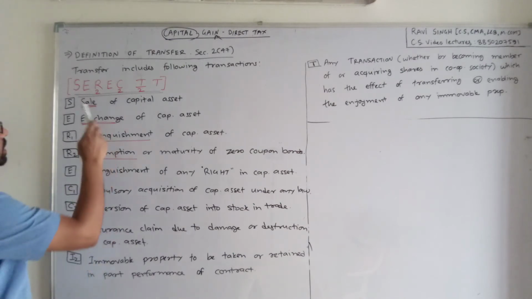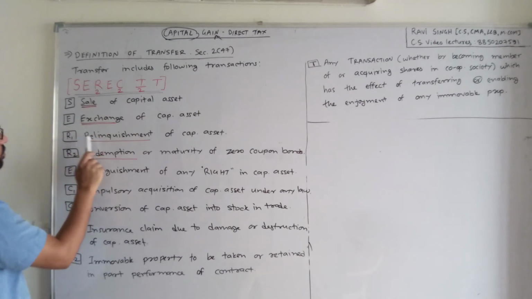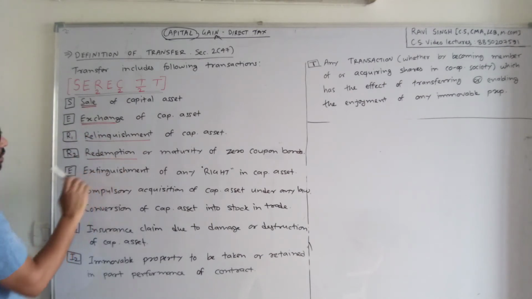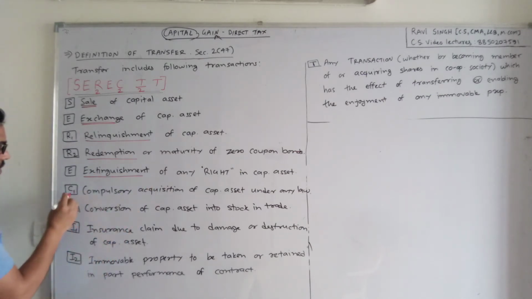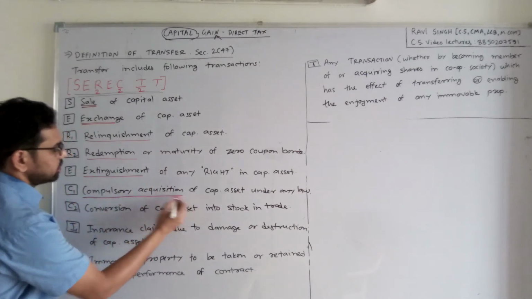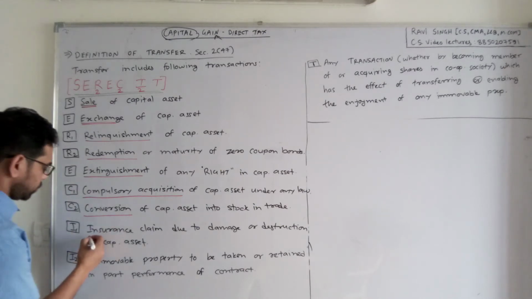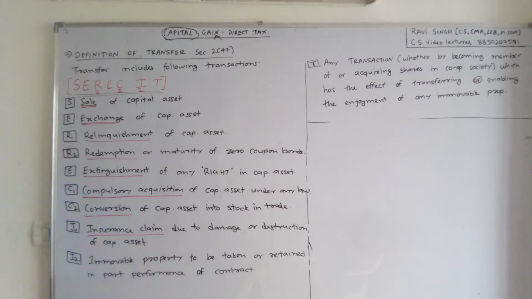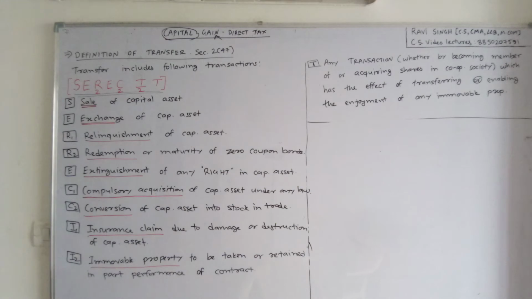फिलहाल आपको इतना याद रखना है, ट्रांसफ़र इंक्लूड्स सर्किट, C for sale... S for sale, E for exchange, R for relinquishment, R2 for redemption, E for extinguishment of any right in capital asset, C1 compulsory acquisition of capital asset under any law, C2 conversion of capital asset into stock in trade, I1 insurance claim due to damage or destruction of capital asset, I2 immovable property to be taken or retained in part performance of the contract.